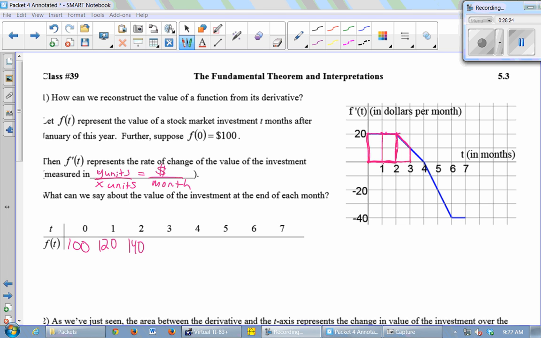But I can find the exact area. So this is 20, 20. This little guy is 10. And what's the area of that little triangle? 5. So that's a change of $15 in that month. So from t equals 2 to t equals 3, we had a change in value of $15. So this is 155.